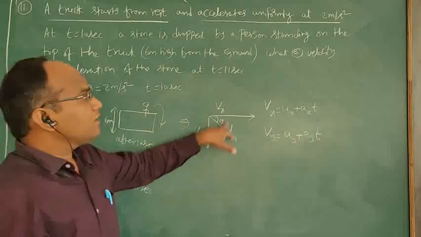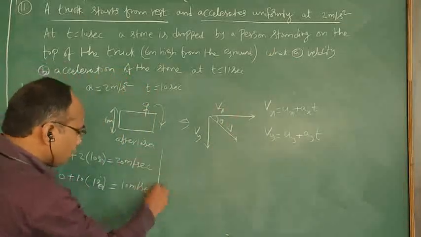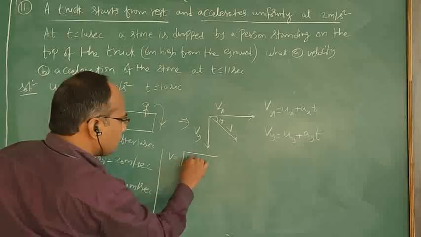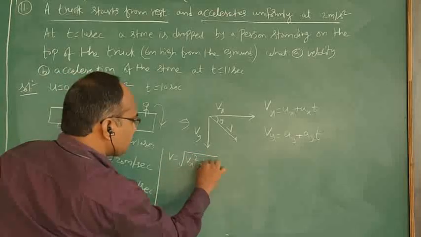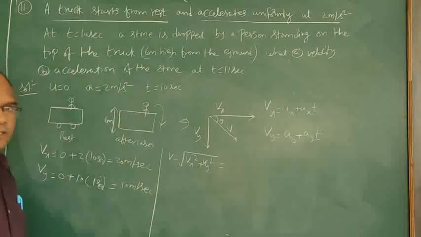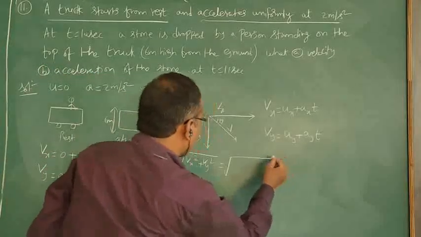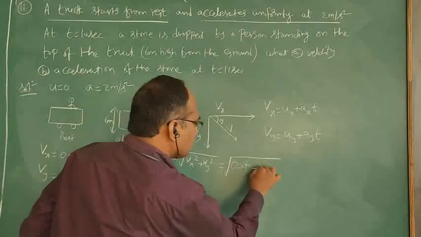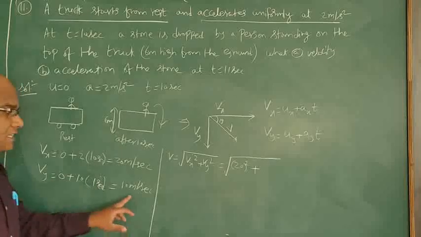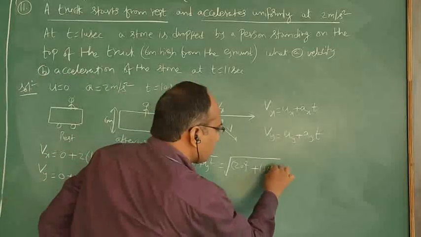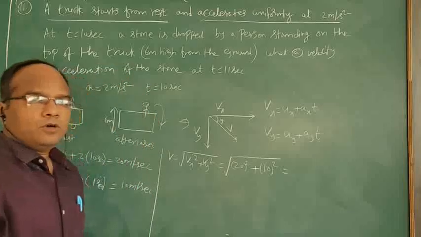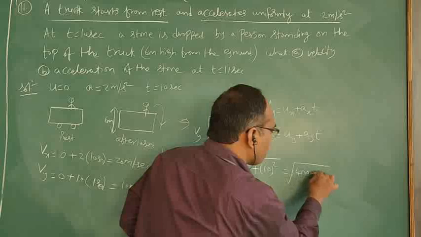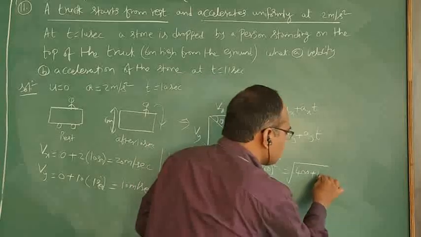So they are asking velocity. So for this one, velocity V is equal to root of Vx square plus Vy square. So what is the value? Root of 20 whole square plus 10 whole square. 20 whole square means 400, plus 10 whole square is 100.